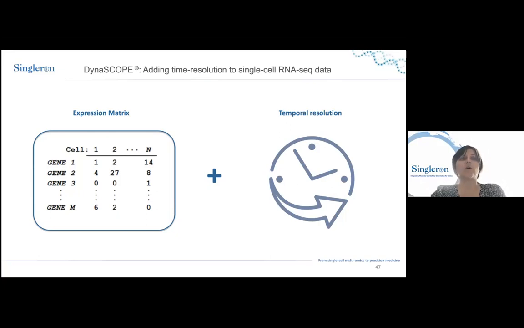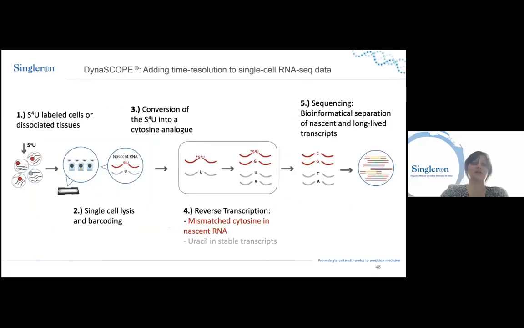It's called the Dynascope. How it works is that we have a reagent, which is a cytosine analog. You can inject this reagent in the experimental animal or add it to the cell culture. From this moment on, all the newly synthesized mRNAs will have this analog incorporated into their mRNA.